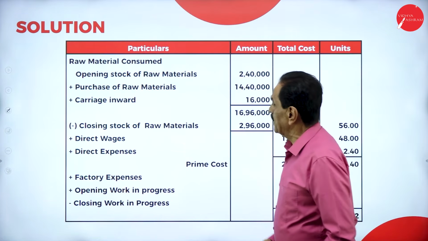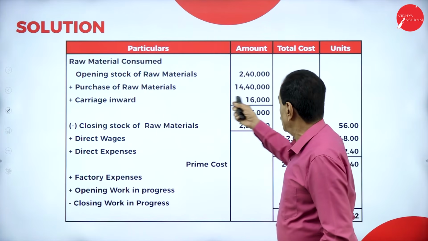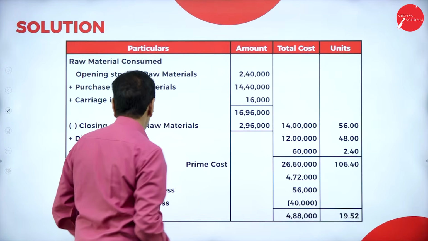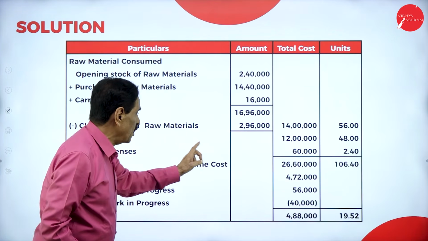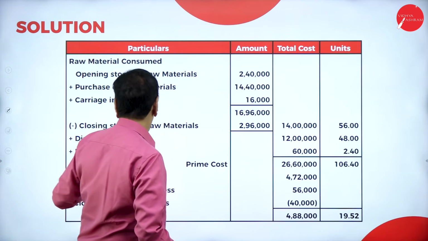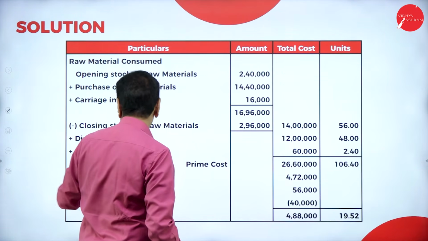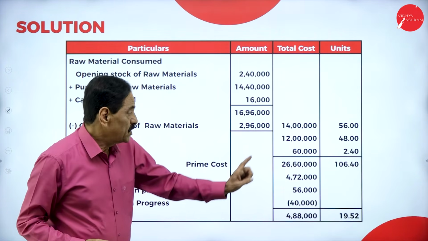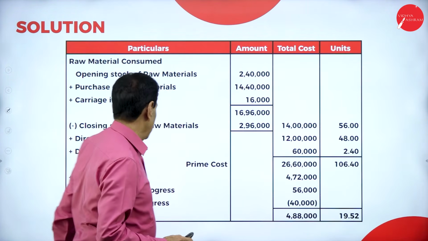Opening stock of raw material, add purchase of raw material, add carriage inward, it becomes 16 lakh 96,000 minus closing stock of raw material 2 lakh 96,000, it becomes 14 lakh. Add direct wages 12 lakh, add direct expense 60,000, it becomes 26 lakh 60,000, 106.4.